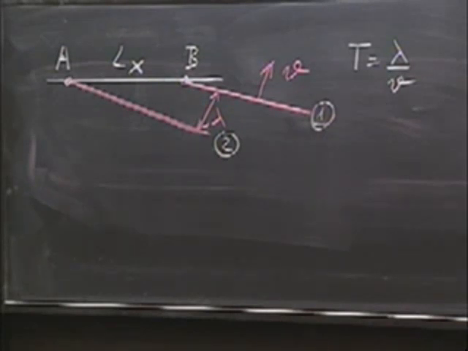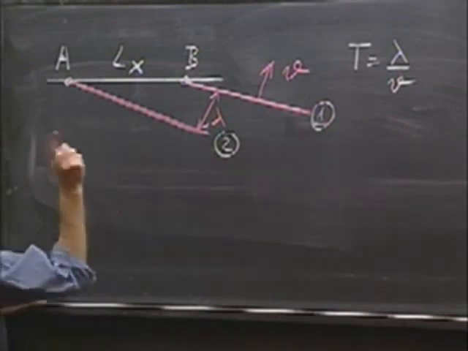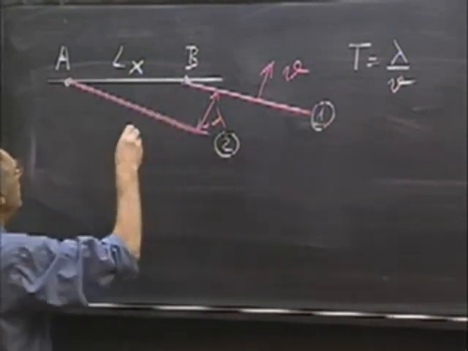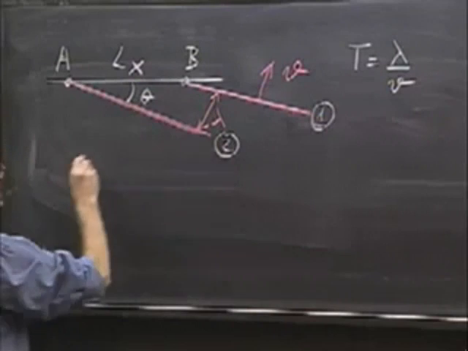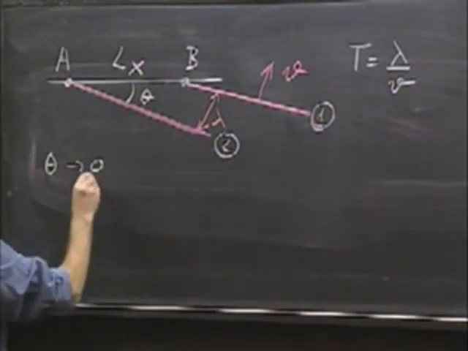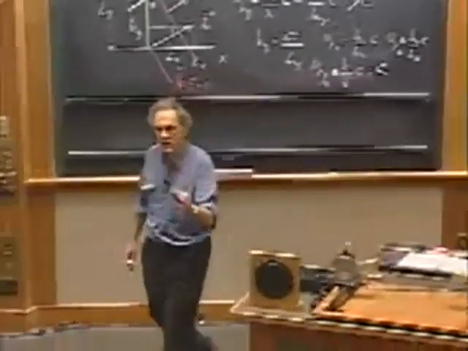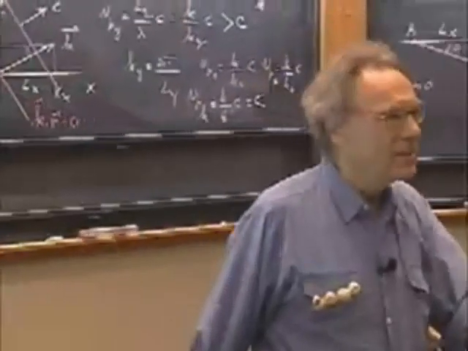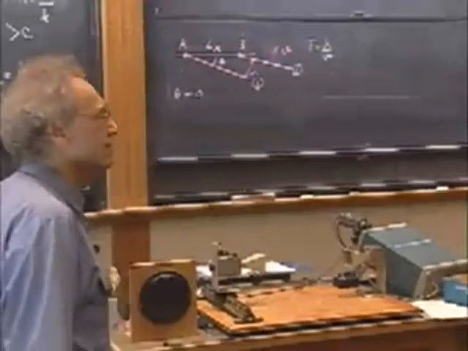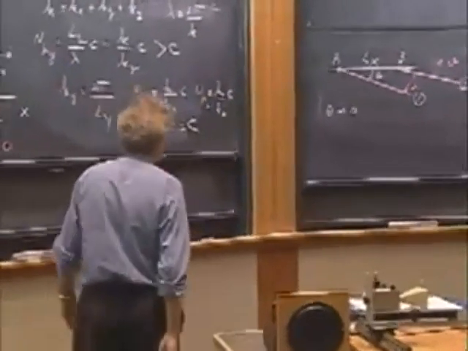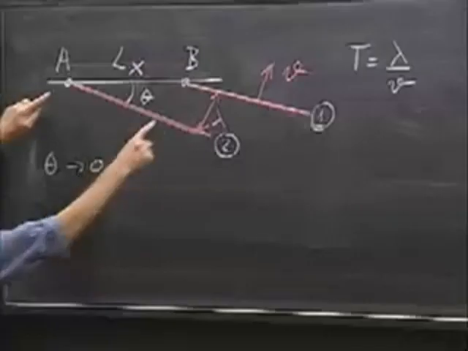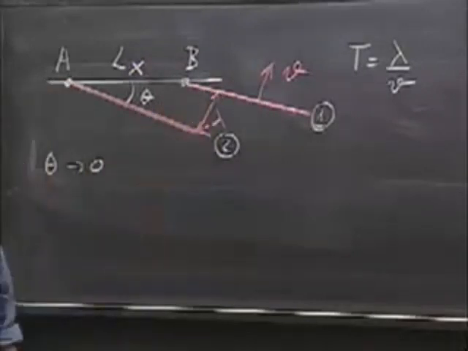That difference in arrival time between one wave, between point A and B, depends on this angle theta. And when theta goes to 0, that difference in arrival time goes to 0. Both A and B will at the same moment in time see that wave. So that means that in that case, when theta is 0, this L of x becomes infinitely large.